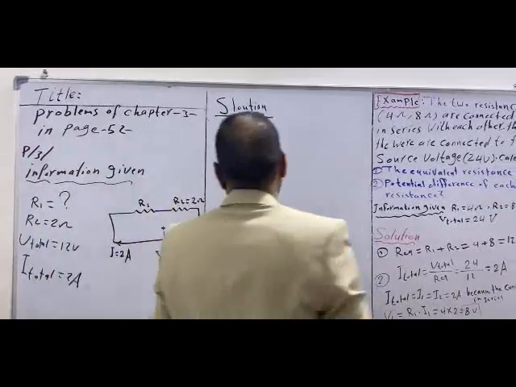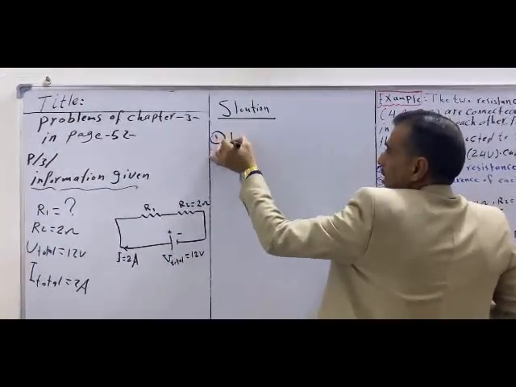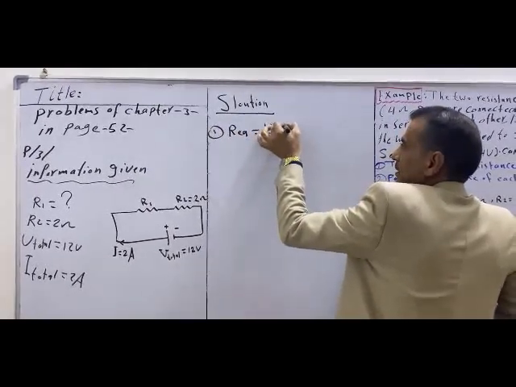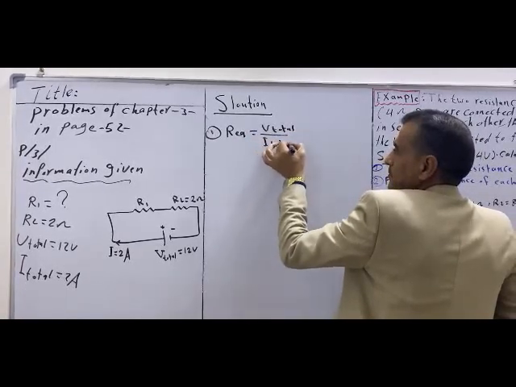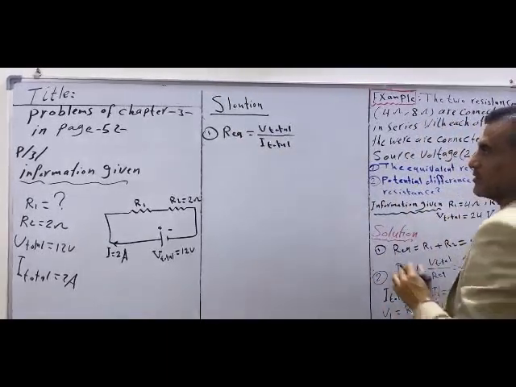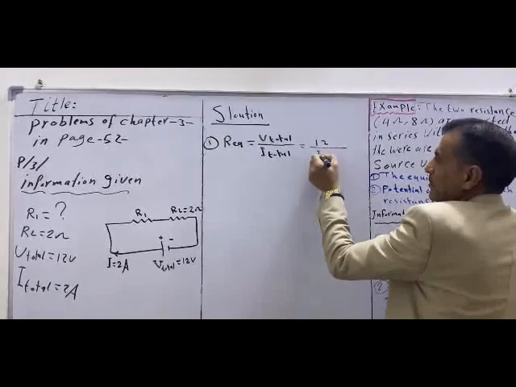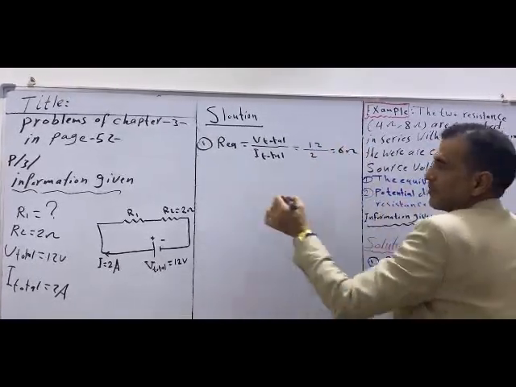Solution. In the beginning, R equals V total divided by I total. R, the equivalent resistance, equals 12 divided by 2, equals 6 ohm.